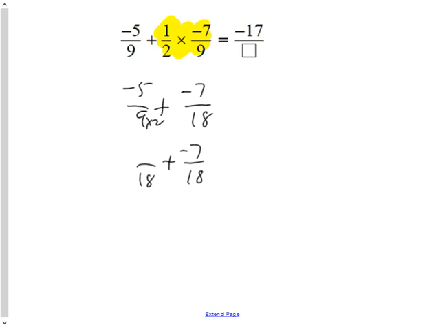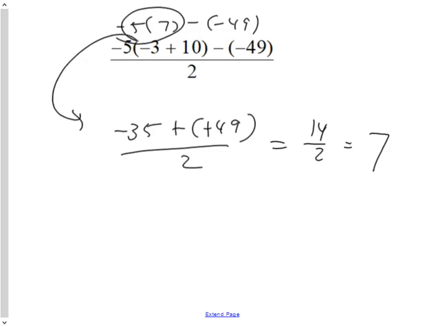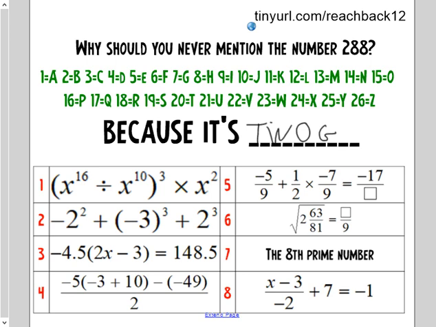This is going to become negative 10/18. And when I keep the denominator and add the numerators, I get negative 17/18. So my missing number is 18. Go back up here, and the 18th letter is R.